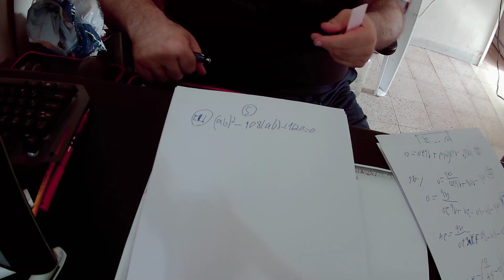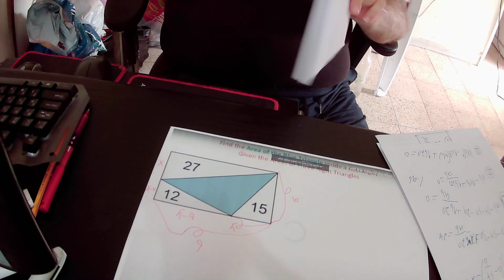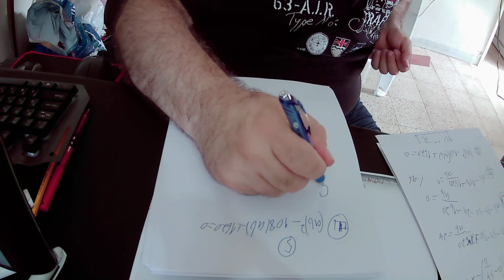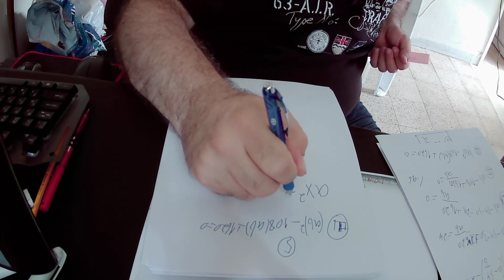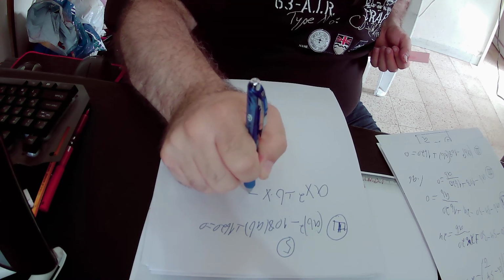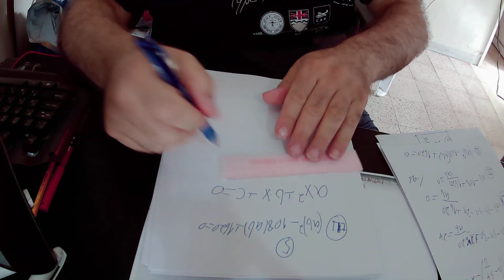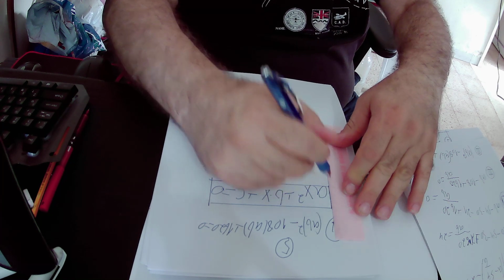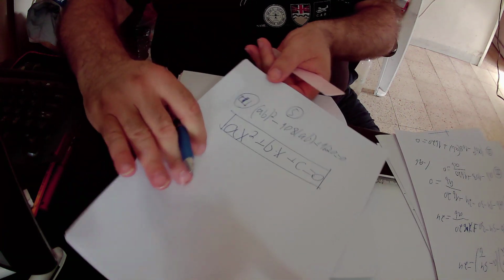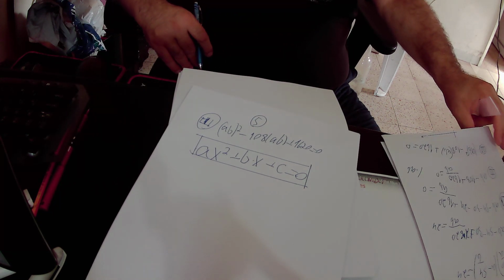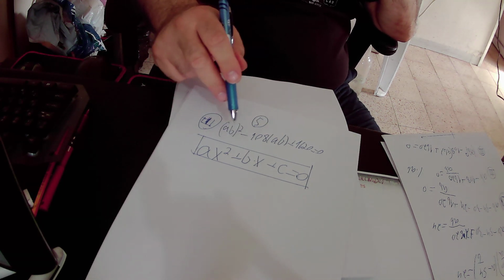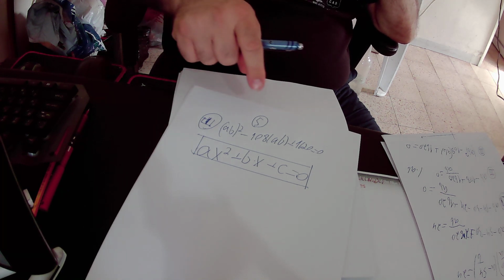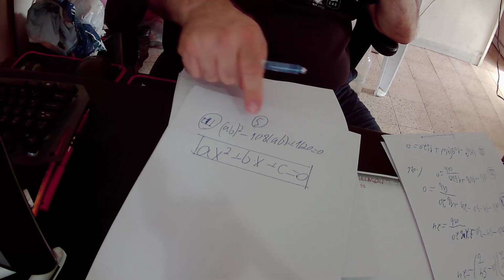Okay, so actually the general form of a quadratic equation is a times x squared plus b times x plus c equals 0, where a, b, and c are the coefficients of a quadratic equation.